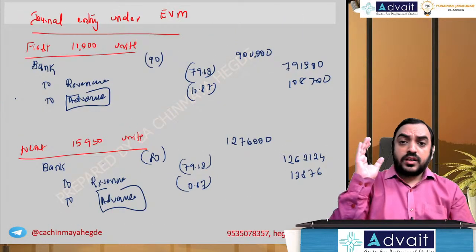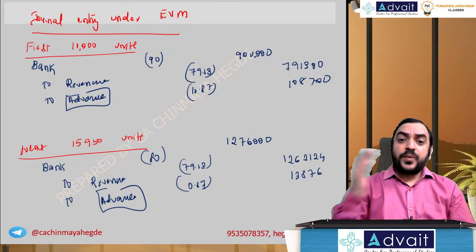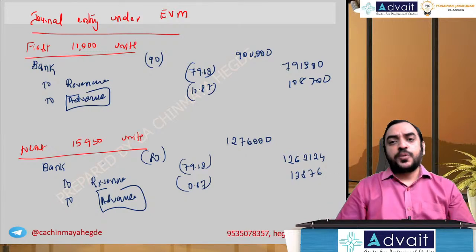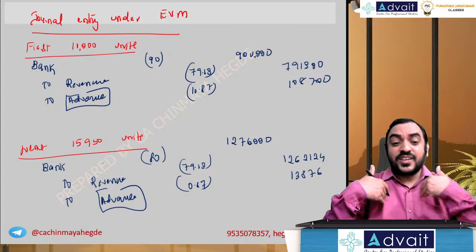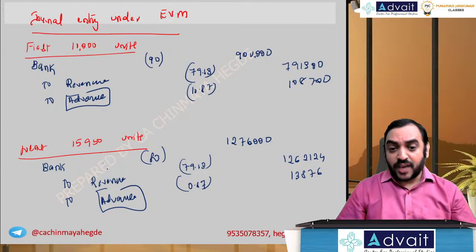So 79.13 revenue already recognized. 80 rupees revenue to be recognized we will come to know at the end of the year after all the averaging process is over. So from 79.13 to 80 rupees, to that extent we can recognize the revenue. And what about the balance amount? The balance amount is going to be given back to the customer if you have any.